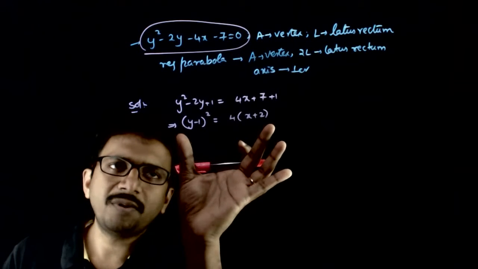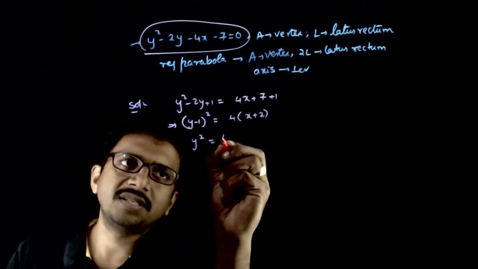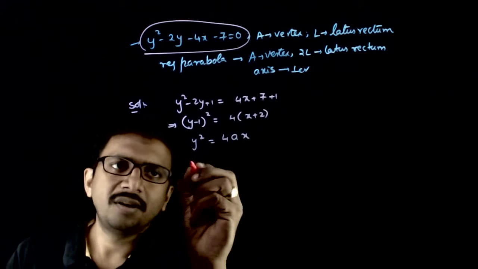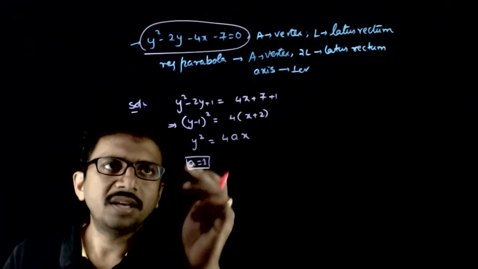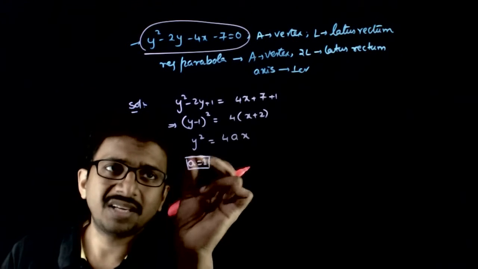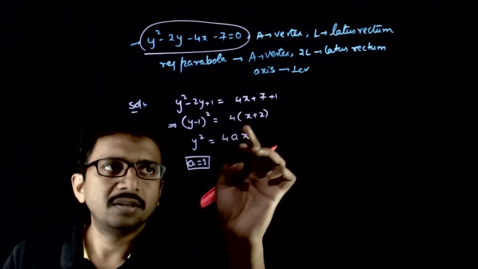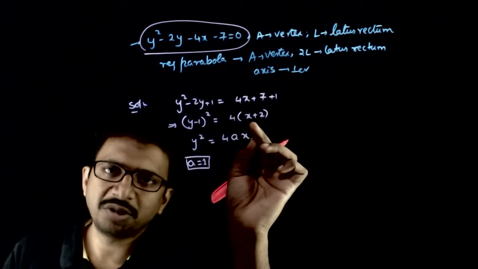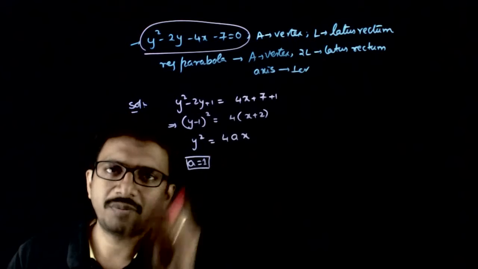Can you see that this is of the form y² = 4ax, where a = 1, and the vertex is shifted to the point (−2, 1), because in the place of x you have x + 2. That means the curve has moved 2 units backwards and 1 unit upwards.